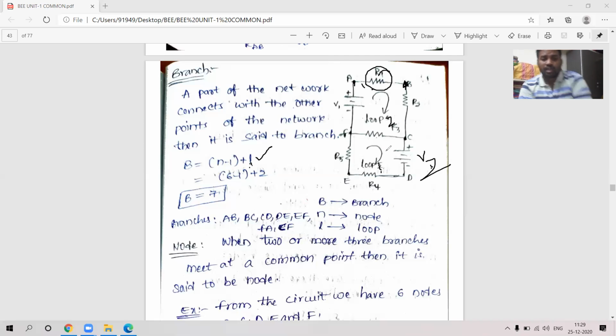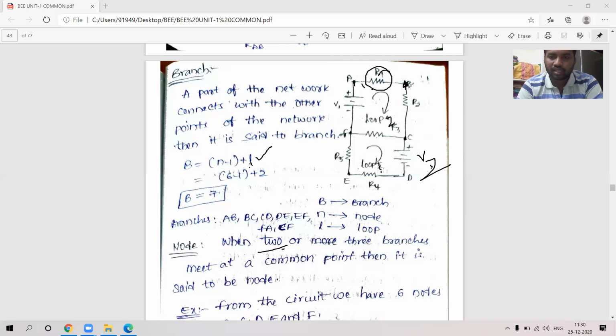Now coming to the node, what is meant by a node? A node is where the minimum condition is 2: two or more branches meeting at one common point. If you see this, AB is a branch and BC is another branch. These two branches are meeting at point B. This is a common point, so we can call it a node.